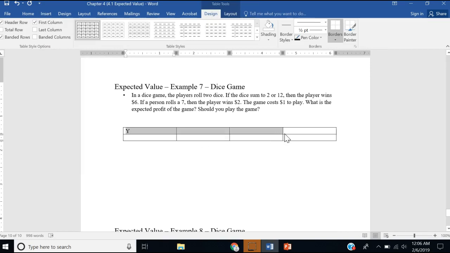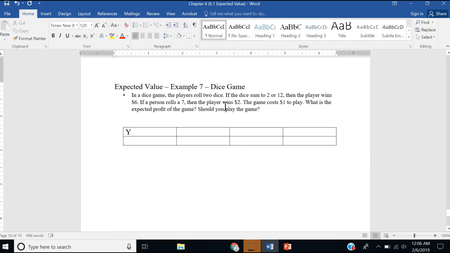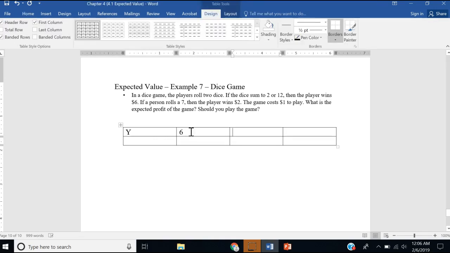So we're going to take this table and give 3 different options for the payouts. Now, why 3 different options? Well, basically you can get paid $6, you can get paid $2, or there's also the option of 0, okay? The $1 is just how much it costs to play the game, okay?